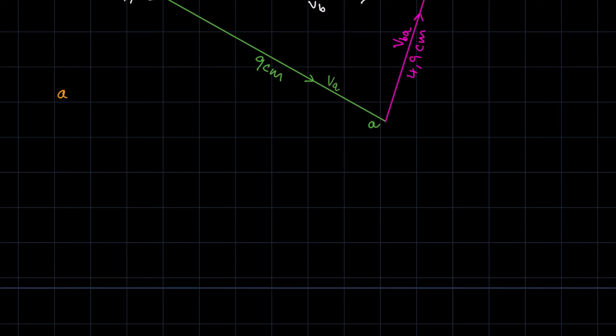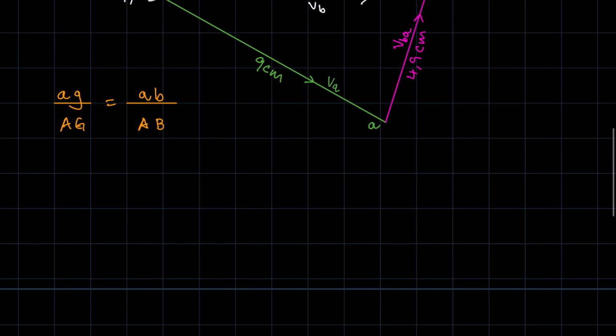AG on the velocity diagram divided by AG on the space diagram is equal to, now the point G is on link AB, so we then say it is equal to AB on the vector diagram divided by AB on the space diagram.